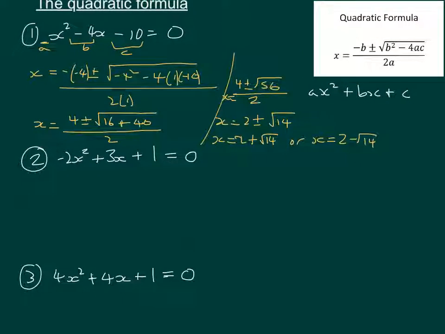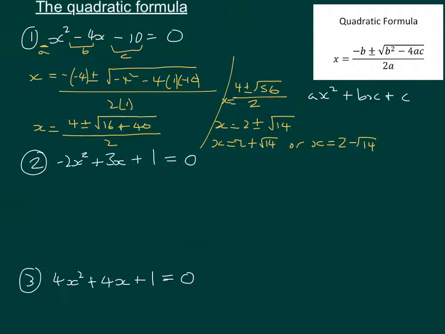Let's go back to the next one. This one's a -1. I'm not going to take it quite as slowly as the last one. So here we've got A is -2, B is +3, and C is +1.